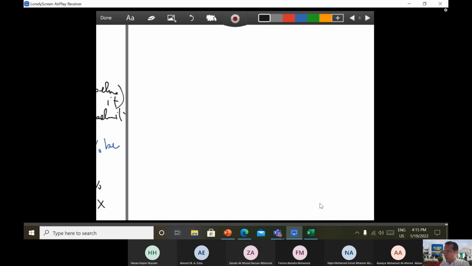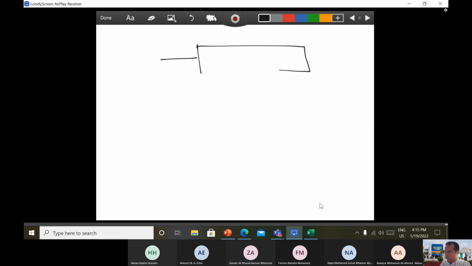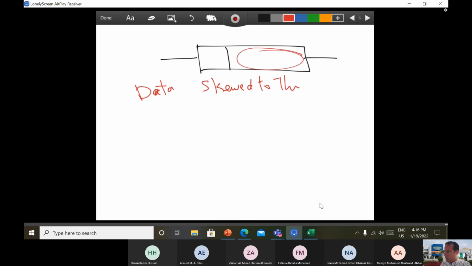What is the point of having box plots? When the line is toward the right or left, the data represented by this box plot is skewed to the right or left? The big part is on the right, so it's skewed to the right.